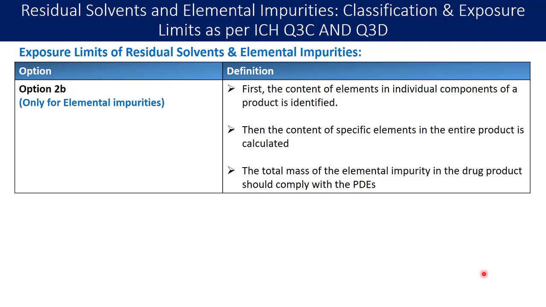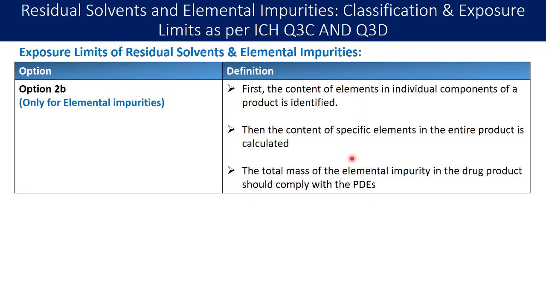What you have to do first is that the content of elements in individual components of a product should be identified. Suppose there are three components and one API present in a drug product. So you have to identify the content of the elemental impurity present in each and every individual component along with the API. That is the first step.